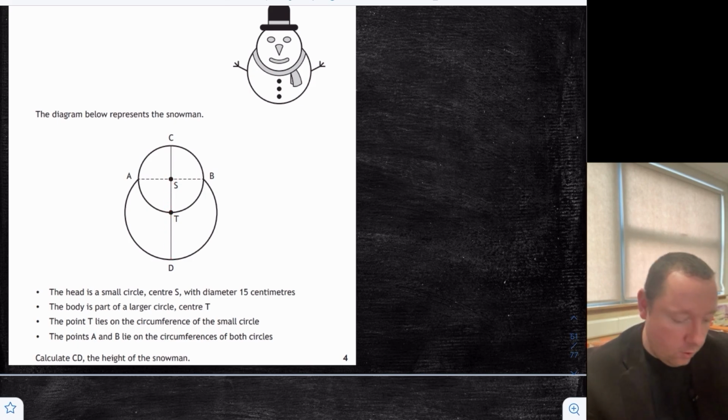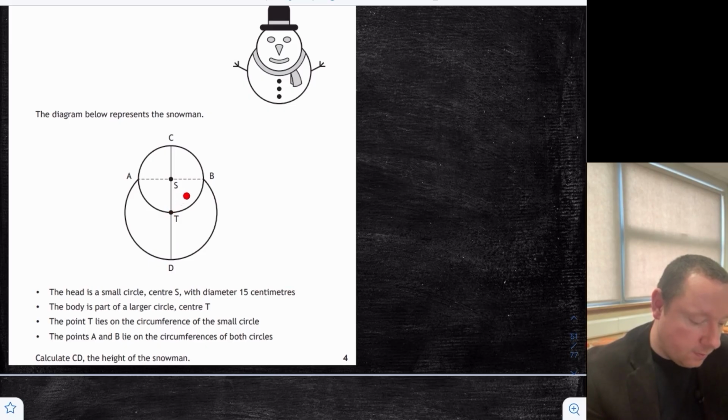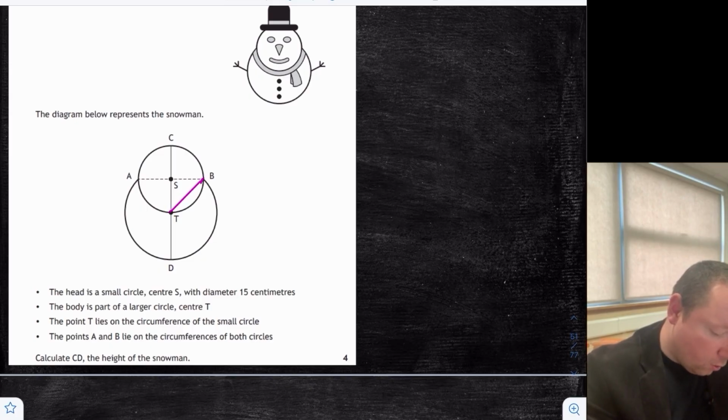Now we can calculate it anywhere. So if I go inside this bit from here to the outside, that's a radius of the big circle too. I'll draw that in. And we already know some facts. We know that'll make a right angle, but we know that the diameter of the small circle is 15, so that is 7.5, but so is this.